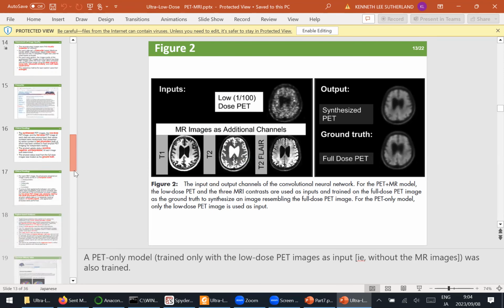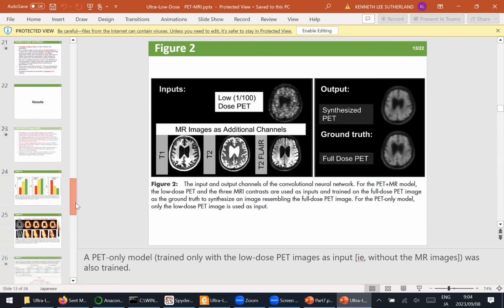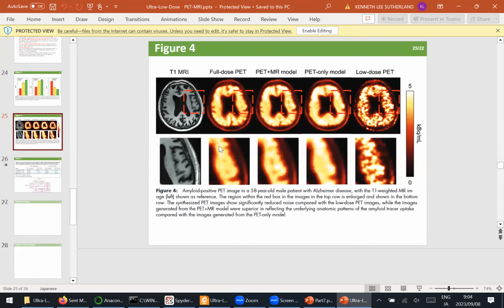PET CT, or is that it? PET. I'll come down here to the results. Excuse me, PET MRI. Nowadays they have all these PET CT and PET MRI and proton MRI and all these combination modalities.